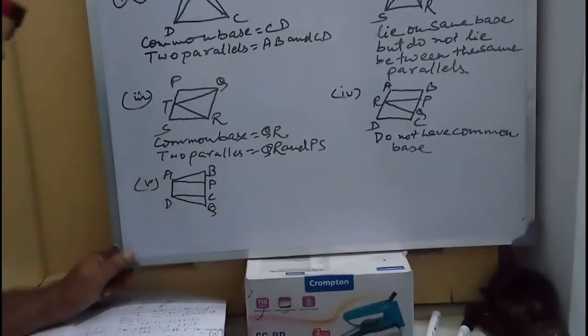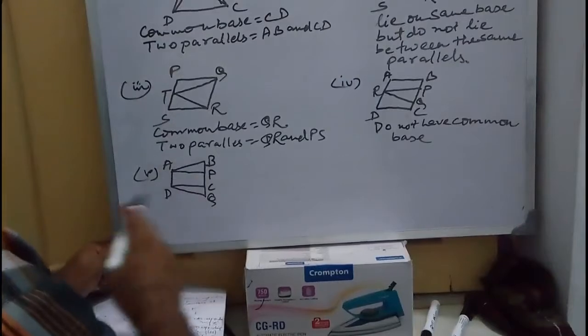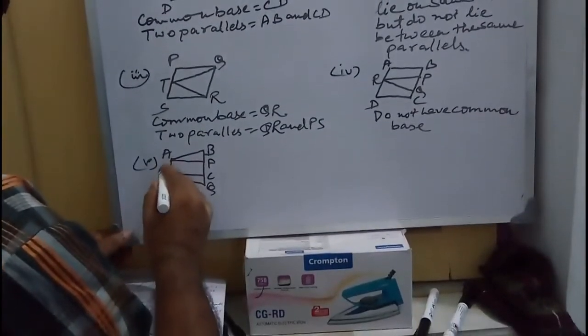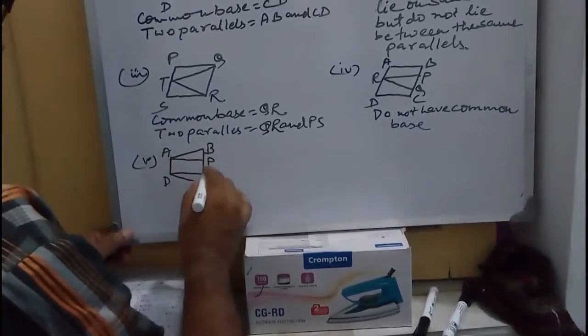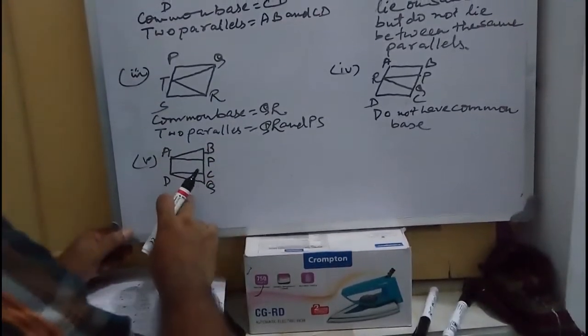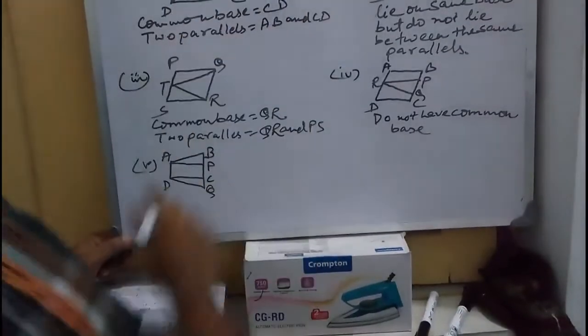There are two figures, one is ADCP, another is ABQD. They have a common base, that is AD, and lie between the parallels AD and BQ. So this figure follows the same base and between the same parallels property.